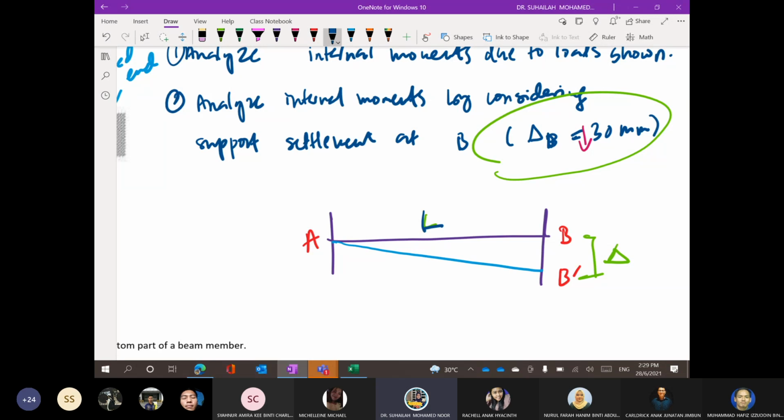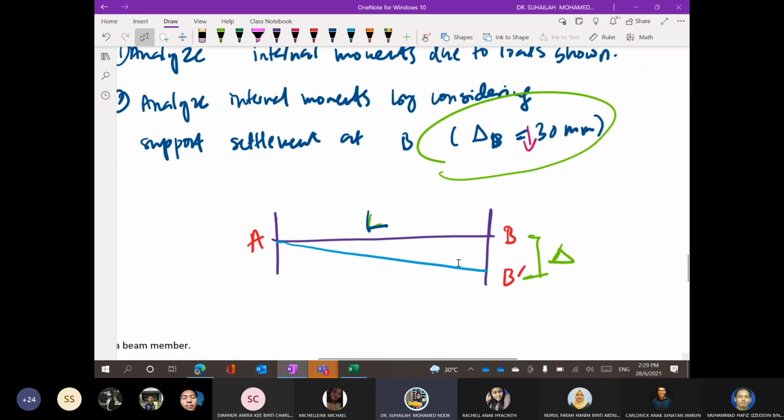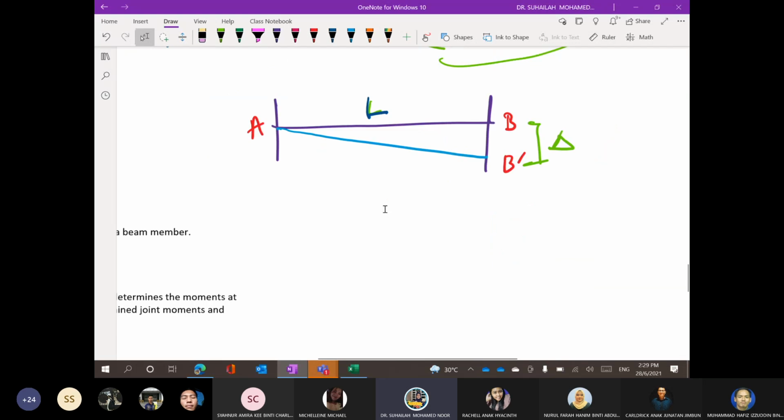So remember that the fixed end moment is actually about behavior.